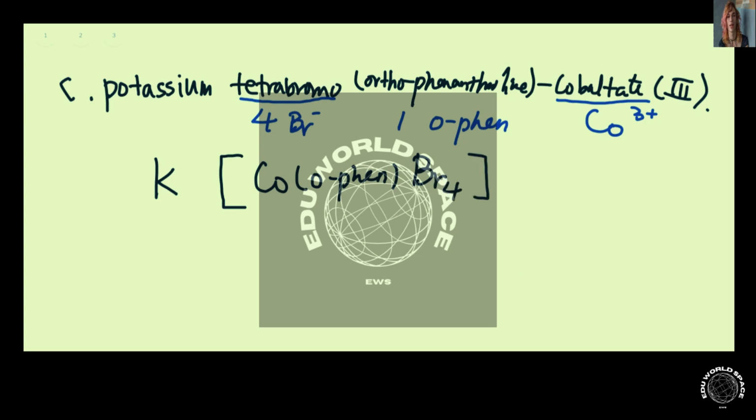So the total oxidation state for this part will be 3 plus 0 minus 4. That will give us -1. And potassium ion, we know that it has a positive 1 charge. So 1 to 1 will be the ratio. So this is the complex formula for part C.